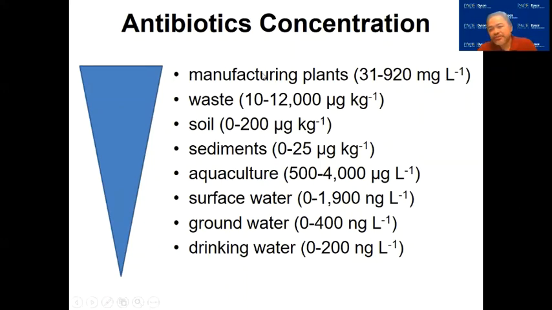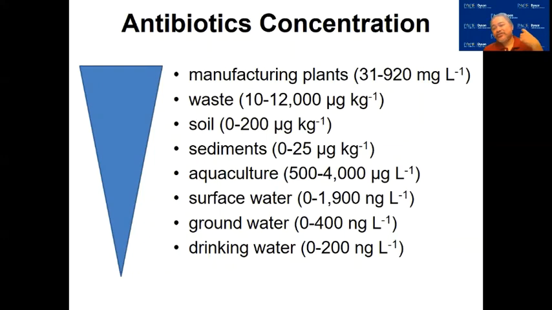Okay, so if we look at the concentration of the antibiotics from one source to the different environmental samples, we could say the highest source of antibiotics are the manufacturing plants. It makes sense because that's where they manufacture. One plant in India reported around 31 to 920 milligram per liter.